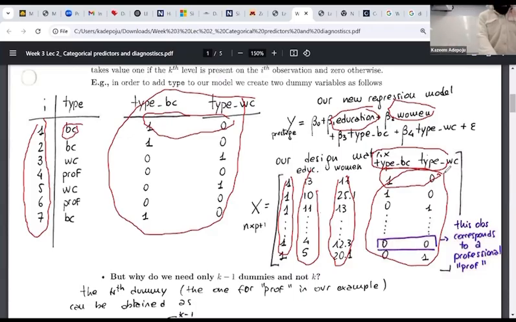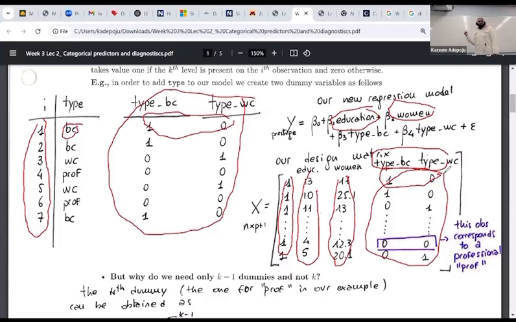Before I go, I will give you another example. Let's say in my model I'm considering the categorical variable education. I have high school, undergraduate, and graduate.